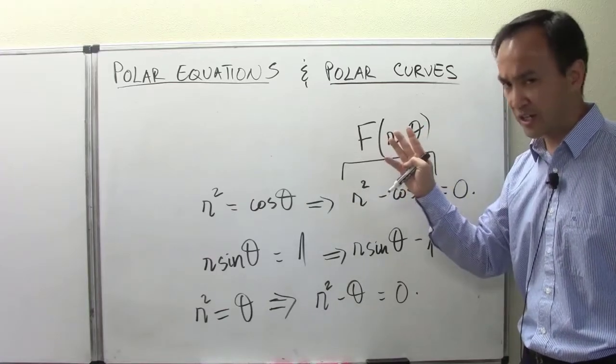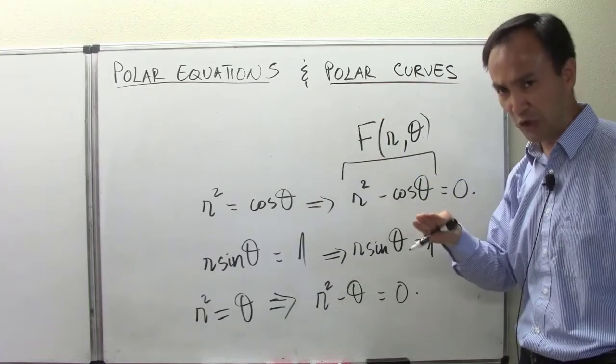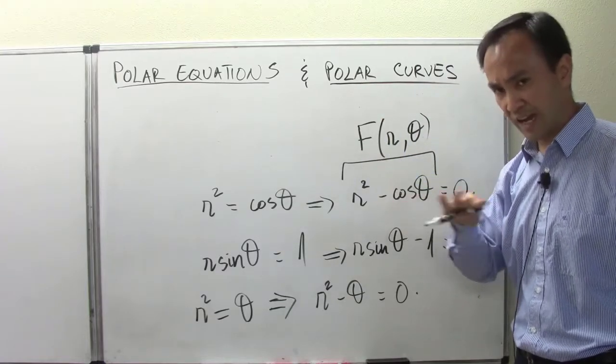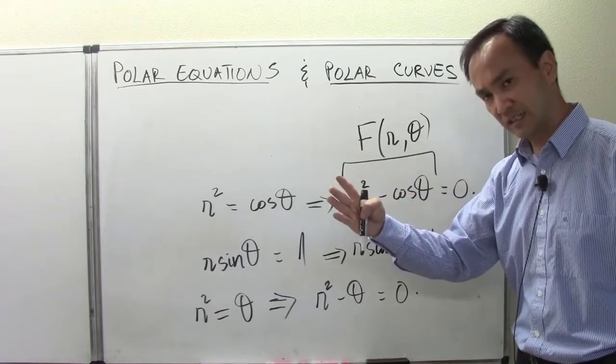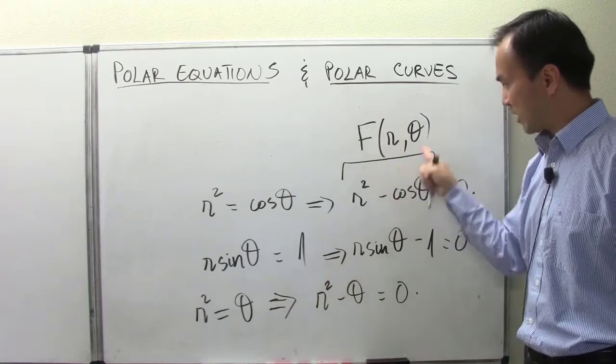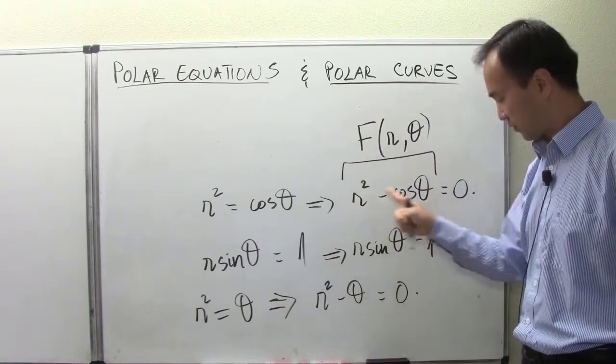We're not going to learn what a function of two variables is yet. That's going to have to wait until your last course in calculus. We're only at Calc 2, or just some calculus course past trigonometry. But what I see here is just a function of two variables, r and theta.